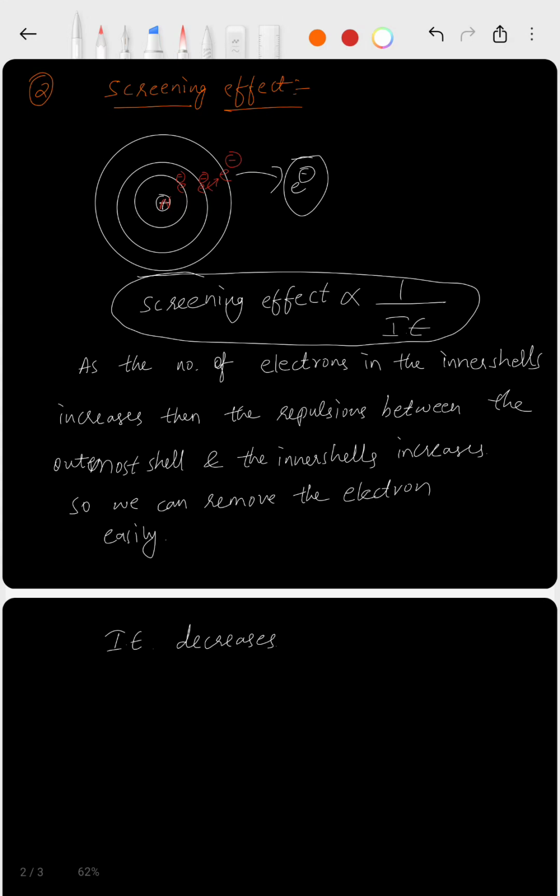Okay, so now we can write the screening effect in the orbitals, increasing or decreasing.